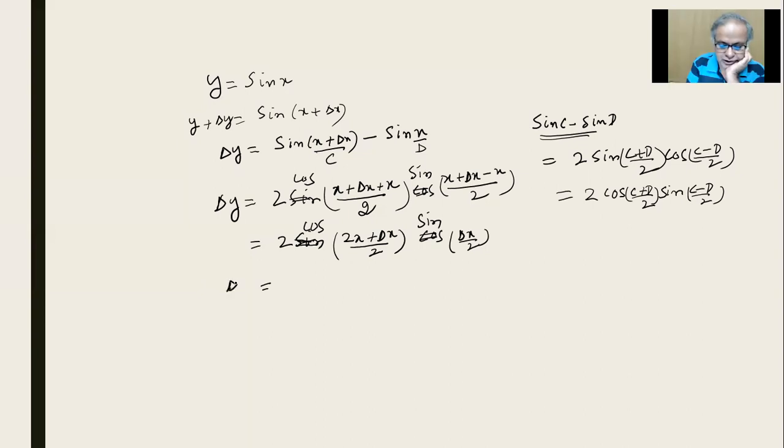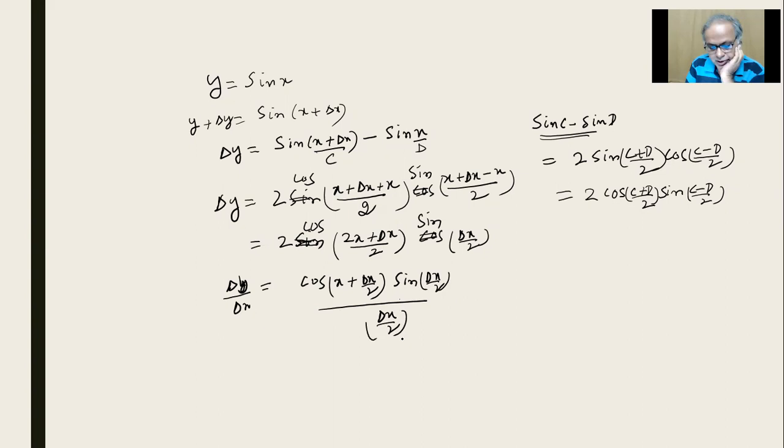So delta y by delta x, if I want it, will become cos of x plus delta x by 2, times sine of delta x by 2 by delta x by 2. This 2 I deliberately brought to the denominator here.